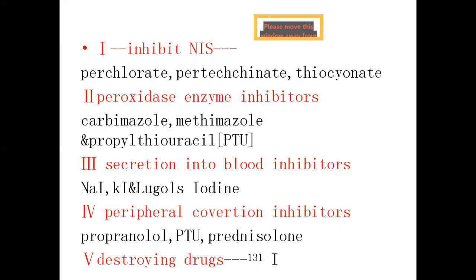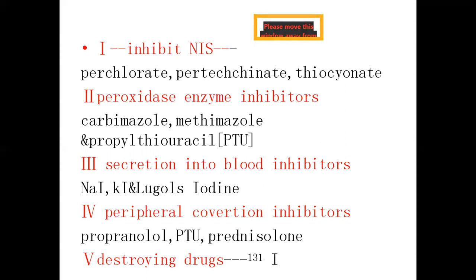Antithyroid drugs are mainly divided into 5 categories. First one is the inhibitors of sodium iodine synthetase. Number two, peroxidase enzyme inhibitors. This peroxidase enzyme is catalyzing all the main three actions of T3 T4 formation. Third, secretion into the blood inhibitors.